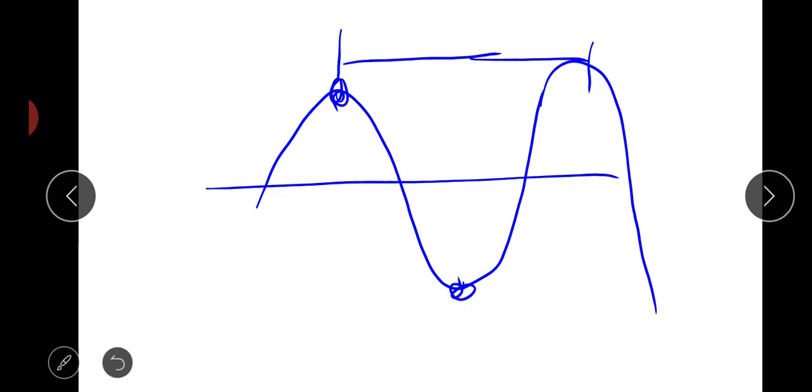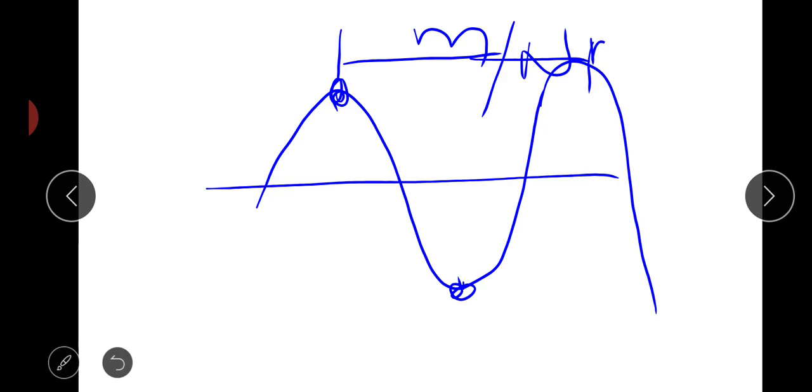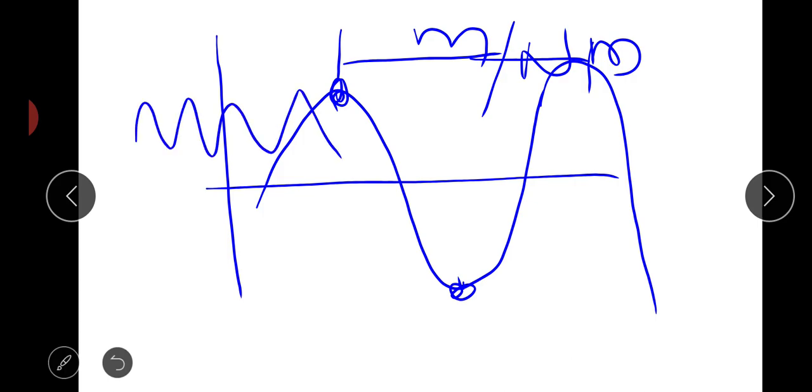This wavelength distance may be in terms of meters or nanometers. The number of crests passing through a particular point is called frequency.